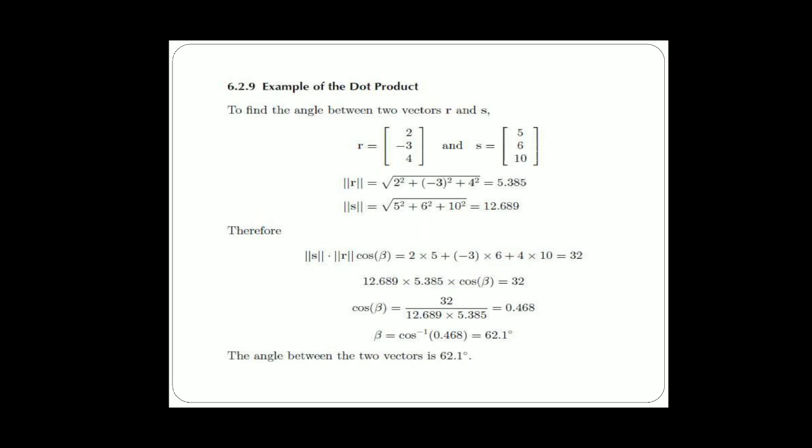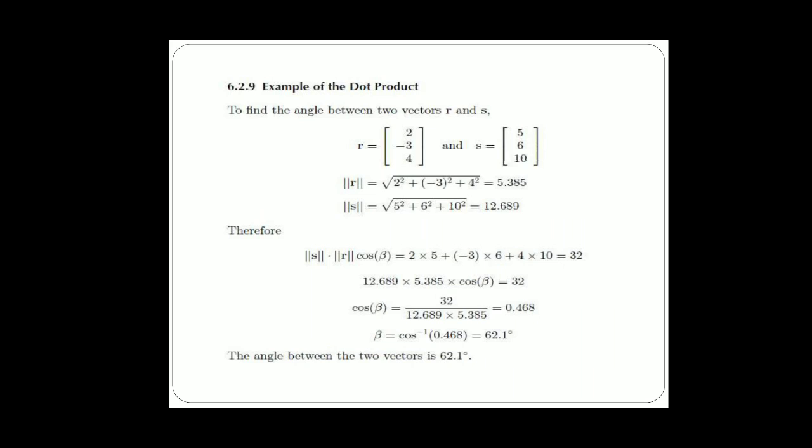But my magnitude of s is 12.689. So 12.689 into the magnitude of r, 5.385, into cos beta, I'll keep like that only, is equal to 32. So I'll separate cos beta.